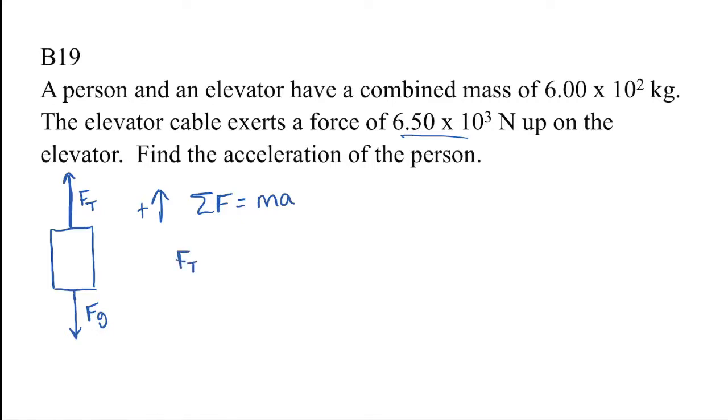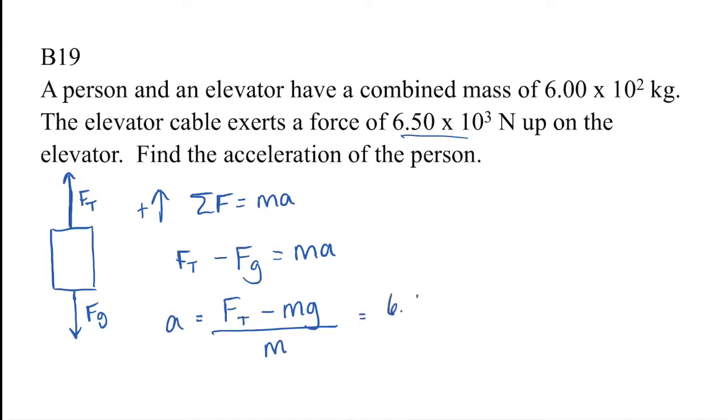So, the sum of forces. The force of tension is positive, so I'll start with that, and the force of gravity is negative, so I'll subtract that. It should equal mass times acceleration. We are looking for the acceleration, so we are just going to rearrange this for acceleration by dividing both sides by mass. I'm going to turn the force of gravity into mg and then divide by mass.